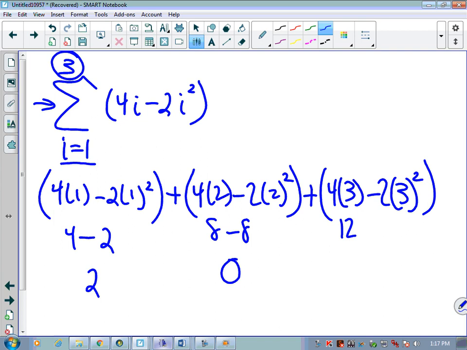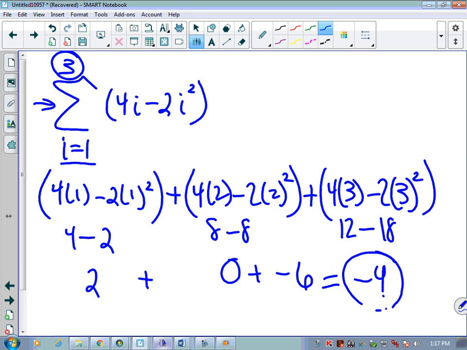So negative 2 times 9 is negative 18. So I'm getting what appears to be negative 6. So 2 plus 0 plus negative 6 should get me an answer of negative 4. Okay, I'll double check that. Negative 4 is our answer.